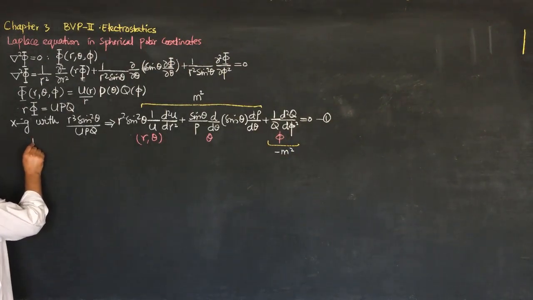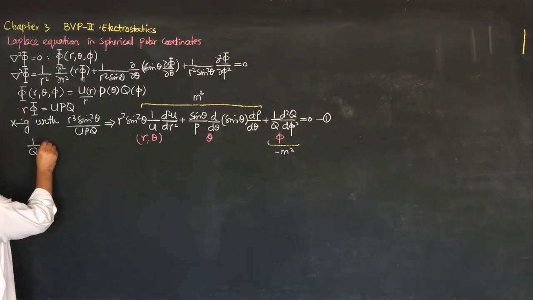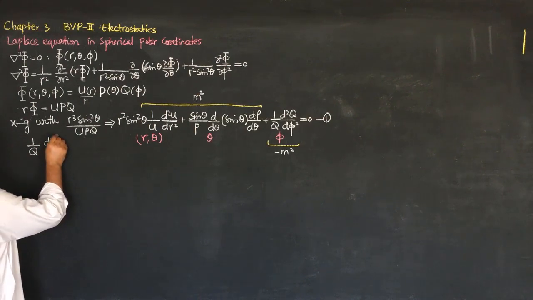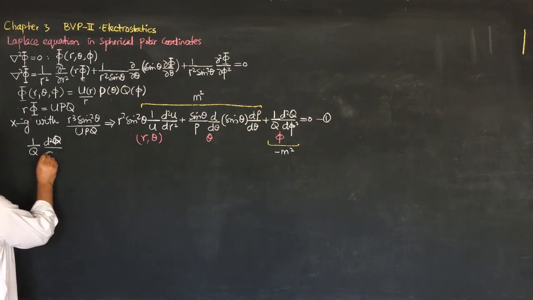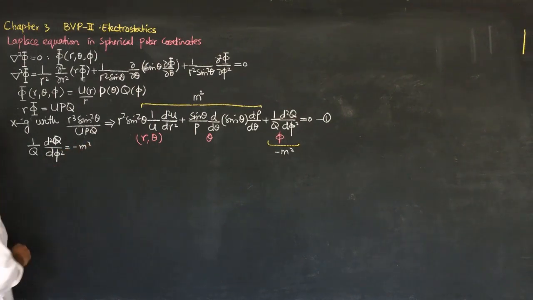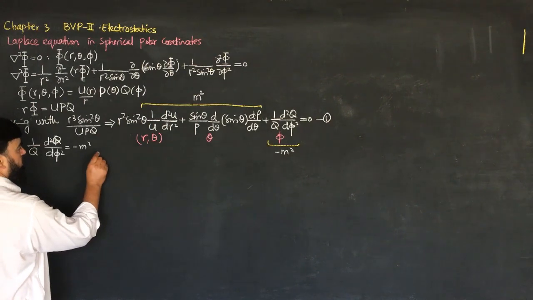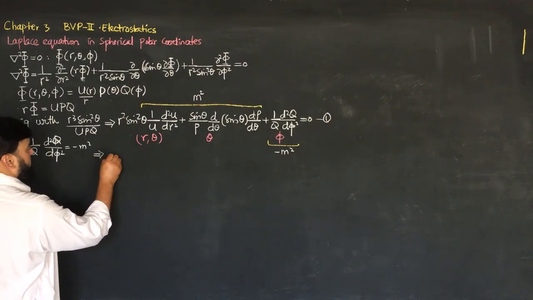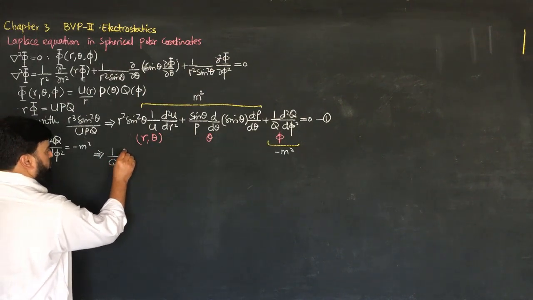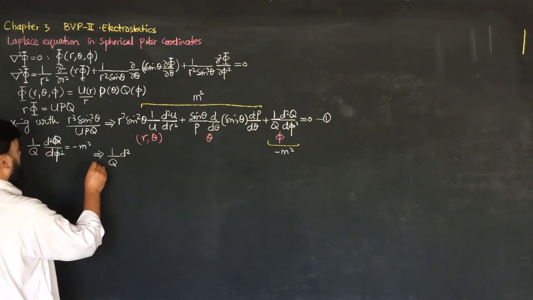So I write 1 over Q d square Q by d phi square equal to minus m square.